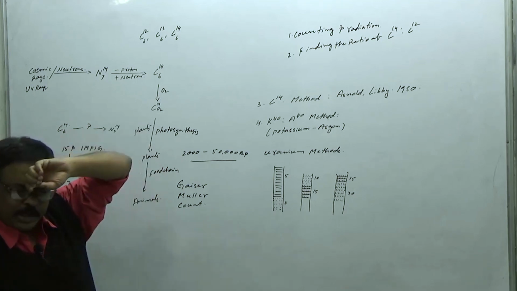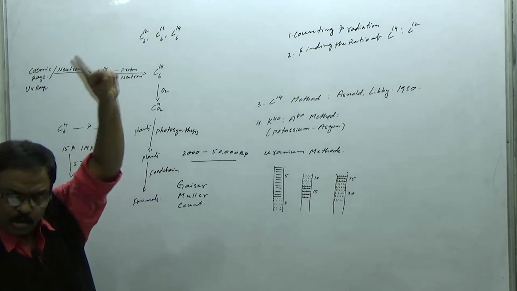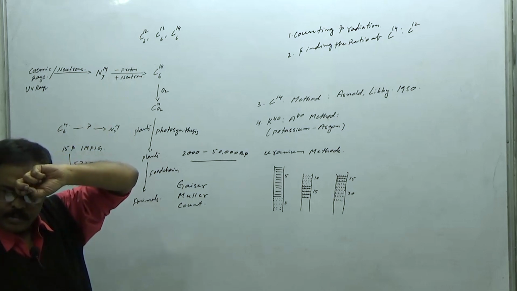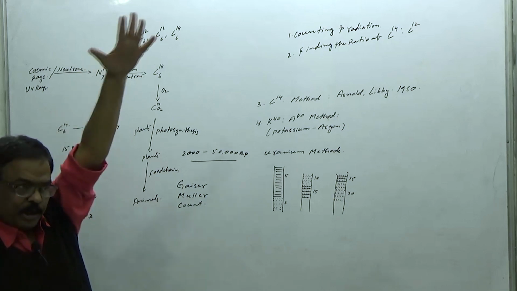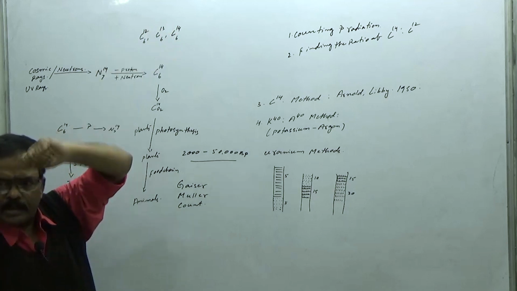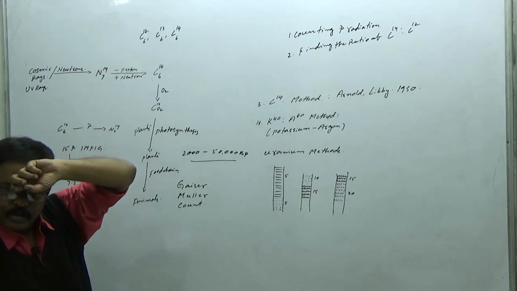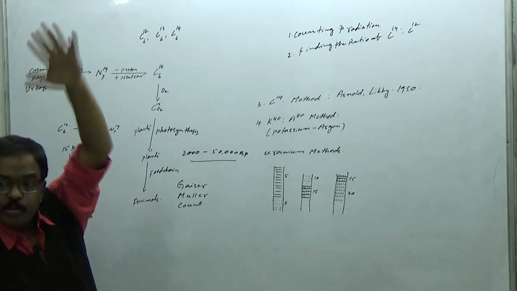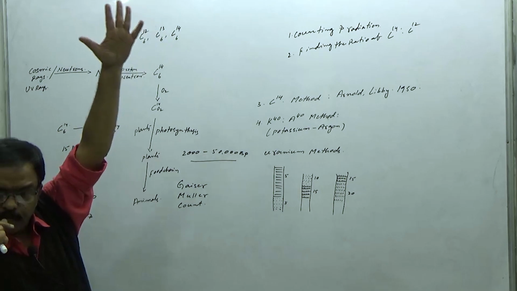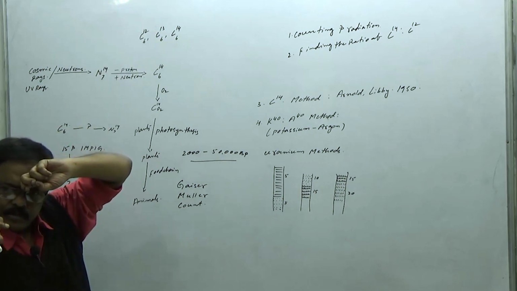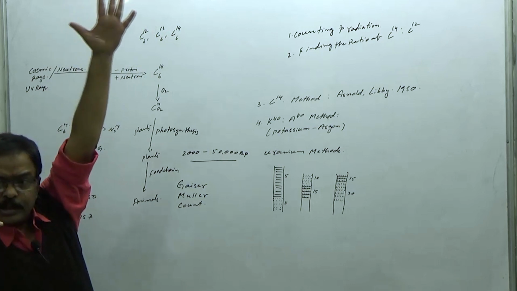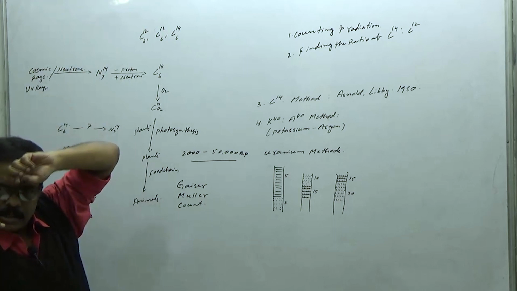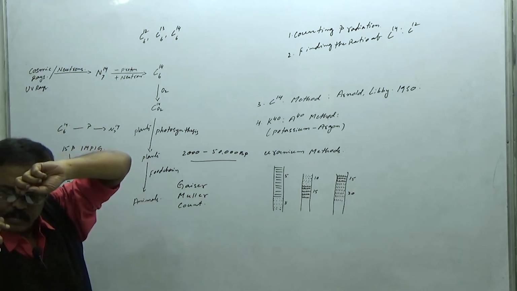But humans came into existence almost 3 million years back. Australopithecus, 3 million to 2.5 million. Then Homo habilis, 2 million to 1.5 million. Homo erectus, 1 million to 2 lakh BC.